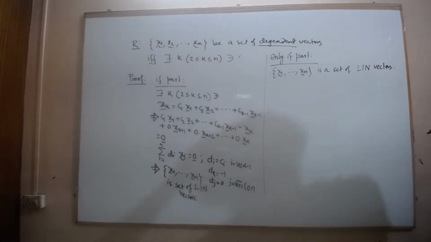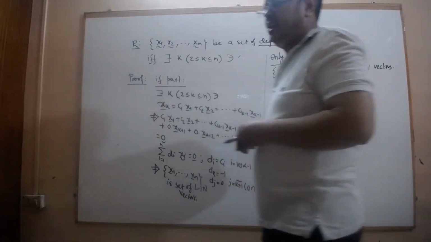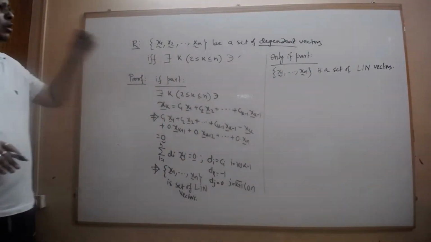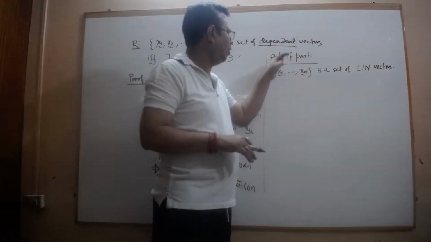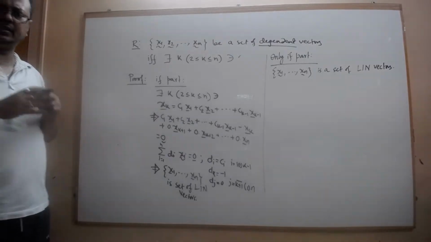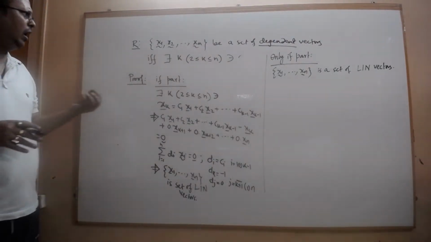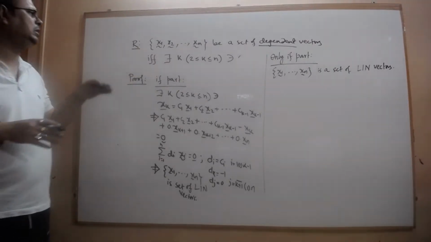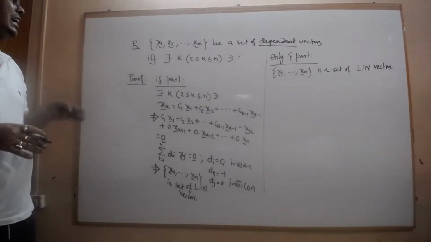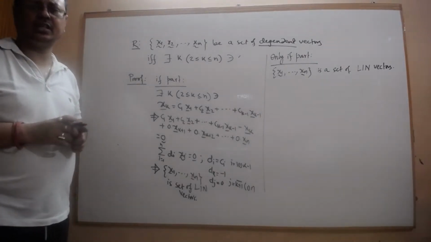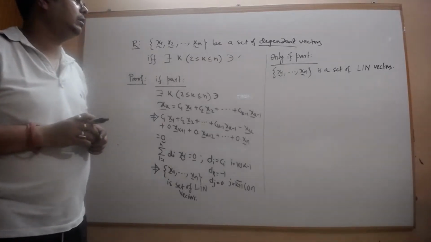We want to prove that there exists a k, which lies between 2 to n, such that xk can be written as a linear combination of x1 to xk minus 1. That means x1 to xn is a set of linearly dependent vectors. This is given. Our job is to prove that there exists such a k.